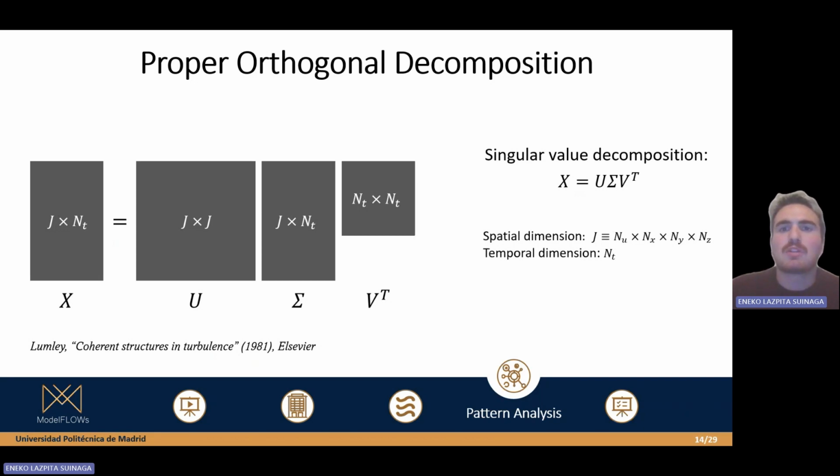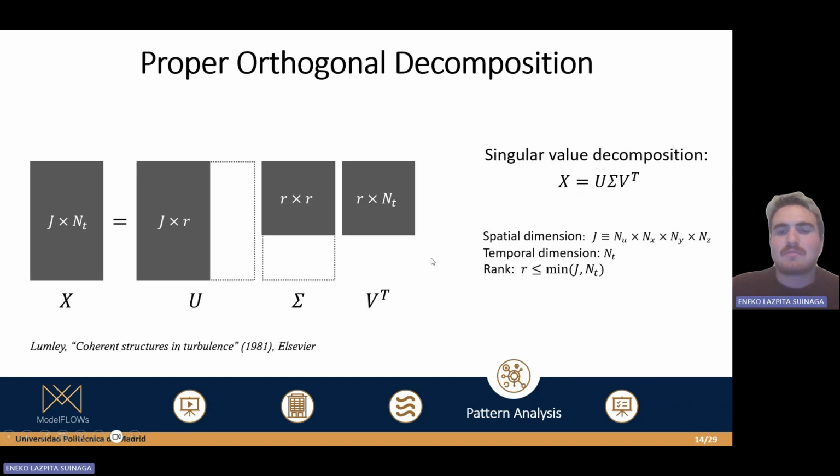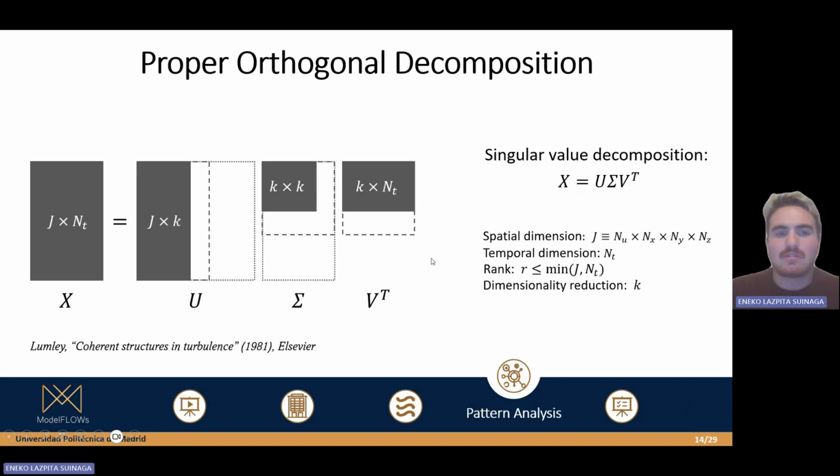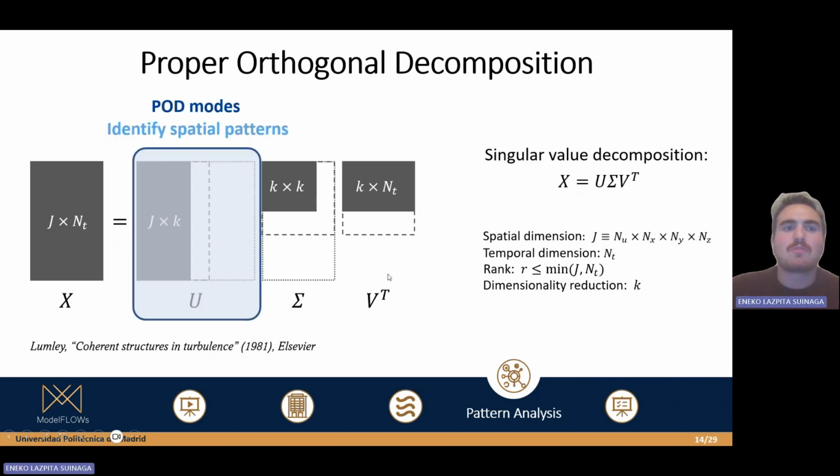The first one will be the proper orthogonal decomposition, where we decompose our snapshot matrix into three different matrices: the left eigenvector matrix, the singular values, and the right eigenvector matrix. We can reduce the dimensionality of these matrices to help our code, but also to obtain the POD modes.